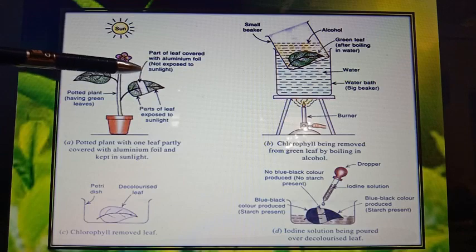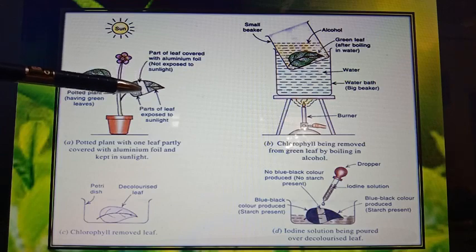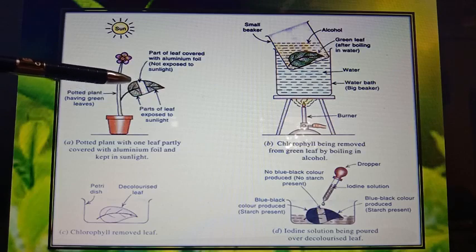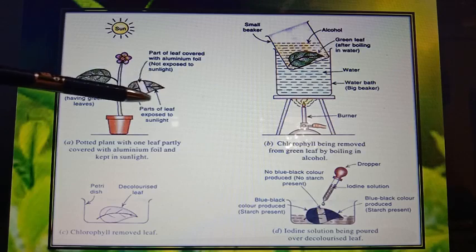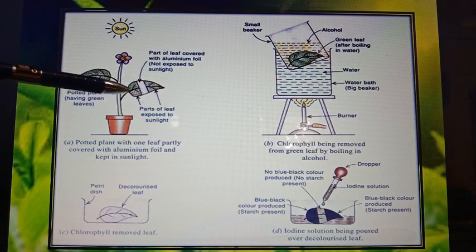Because this covered part can't receive the sunlight and the uncovered part, the rest of the leaf, can receive the light. Then the next step is to discharge the plant by keeping it in a dark room for 2 to 3 days. After discharging, place the pot in sunlight for 2 days.